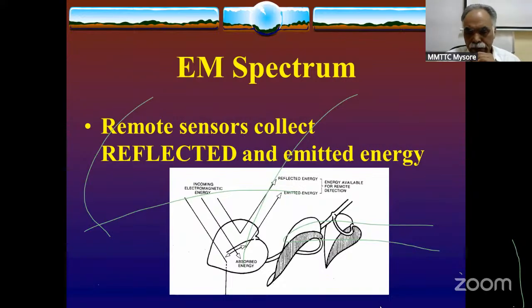Here in this diagram, you can find a tree leaf, and how the energy is absorbed and released. The incoming solar energy is falling on a leaf. Some amount of it is absorbed by the leaf, some amount is reflected, and what is absorbed is emitted after a time lag.